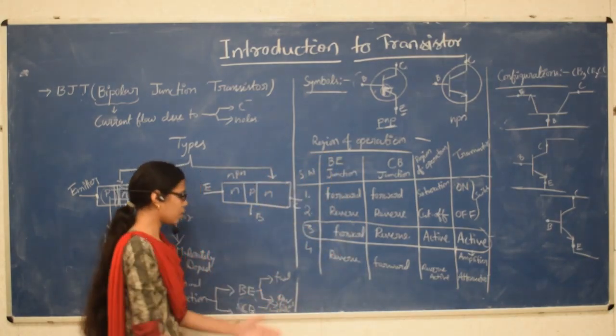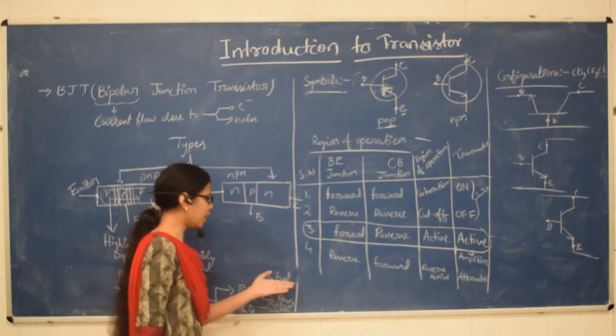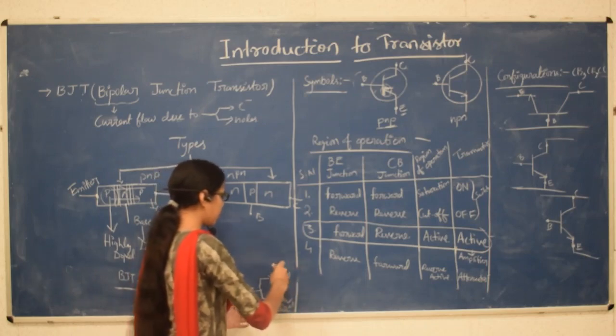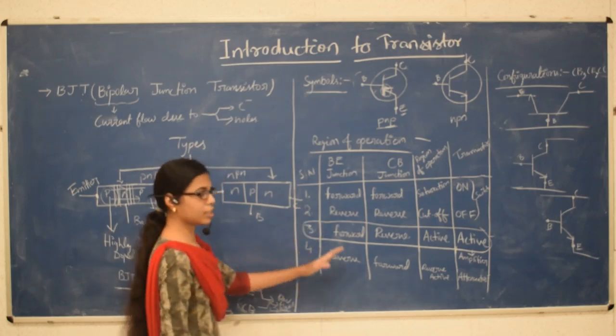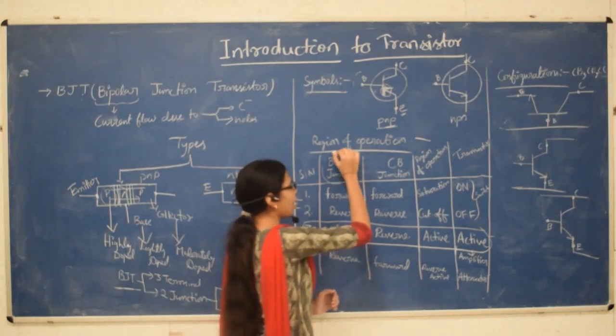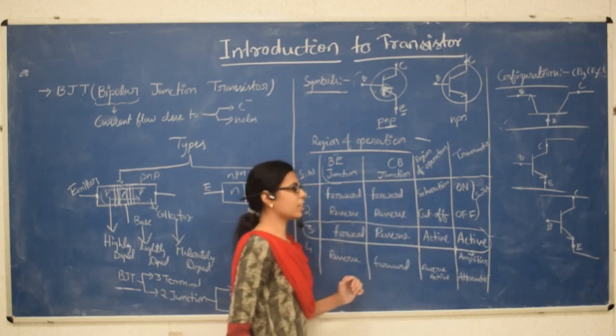See here, I have already explained that these junctions can be operated in different biases, that is forward and reverse. So we will be having a total of 4 combinations, right? See here, I have the base emitter junction and I also have the collector base junction.